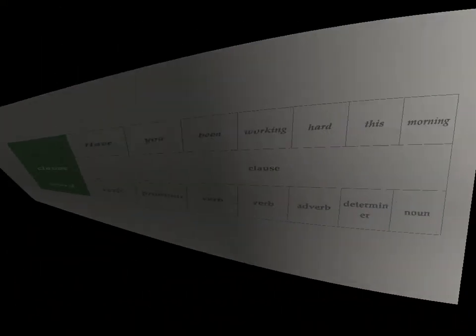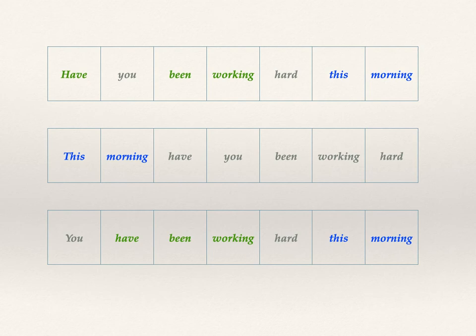So, for example, if you check alternative sequences, and we start with, have you been working hard this morning? You can see that you could also have, this morning, have you been working hard? And what appears to move around, as it were, is not this on its own, or morning on its own, but it's a group of these two words, this morning.